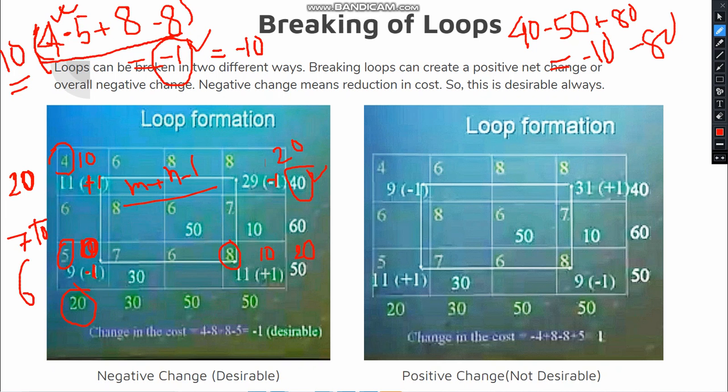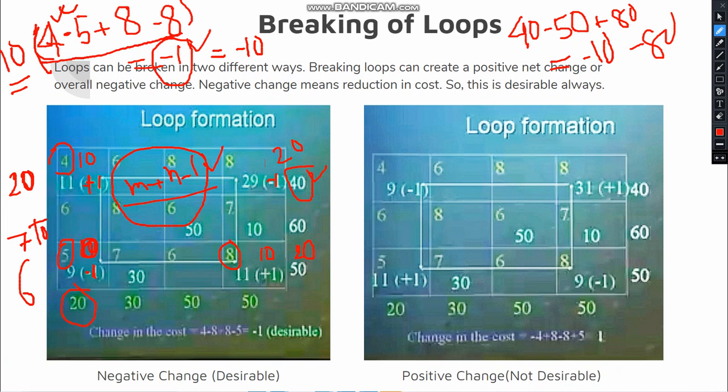Okay, so you have done two things here. You have broken the loop. You are now following the m plus n minus 1 rule, and the overall cost has been reduced by 10 units. So you have achieved three things.